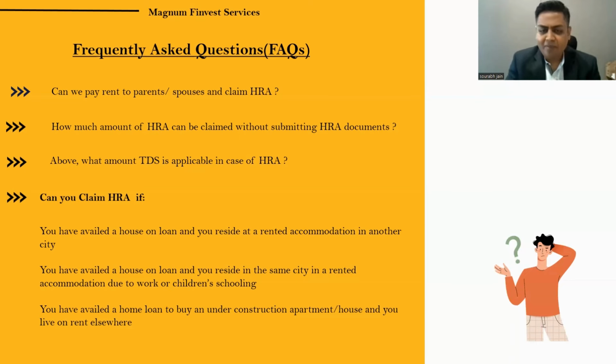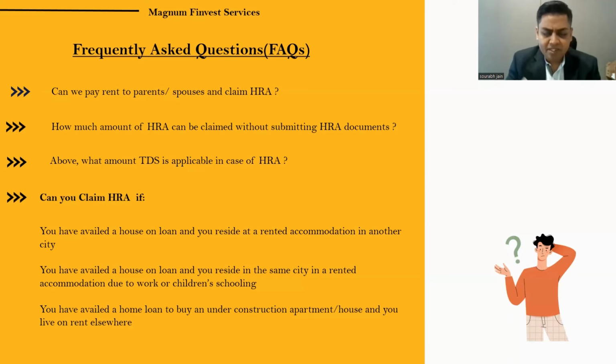So it may not be considered internally in your company, but once you get your Form 16 and file your final income tax return, there you can claim HRA also, even if you have shown interest exemption on housing loan in your company. So please be very clear about it, and if you get any query from the Income Tax Department, you can just prove the genuineness.